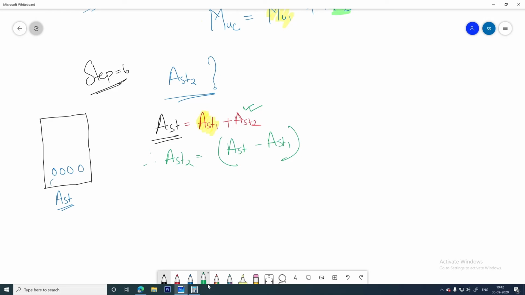Now the last step, that is step number 7, that is the MUT, most probably. Yes, find the Mu for the tension failure.